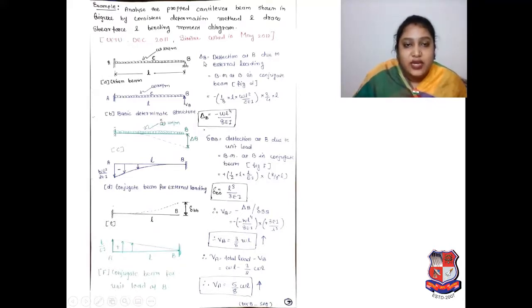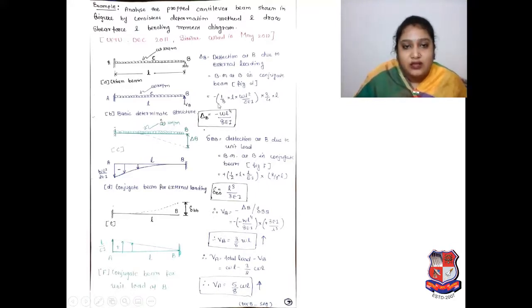So what are the steps? Delta B is equal to the deflection at B due to external loading, which is equal to BM at B in the conjugate beam, figure D. BM is the bending moment. Okay, so here we have to mention the CG distance. We have to mention the M upon EI diagram area.